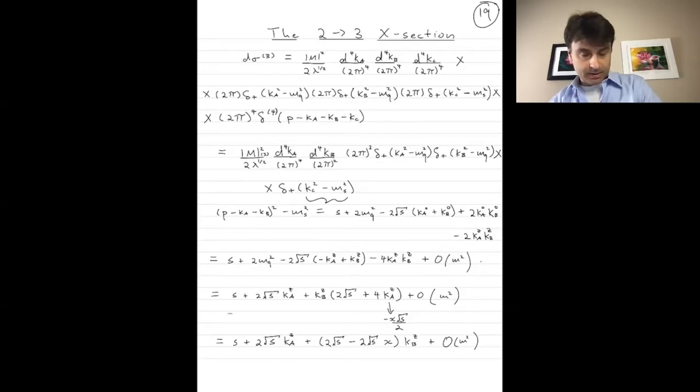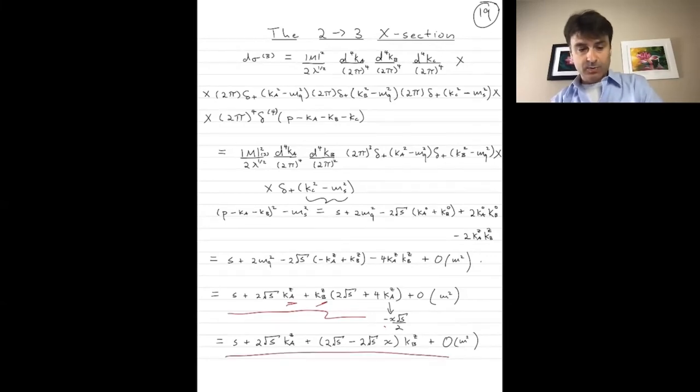Okay, now in the next line here, I simply group coefficients of Kaz and coefficients of Kbz, and I note that Kaz is actually negative x root s over 2, up to errors, as usual. And so I can simplify further down here.